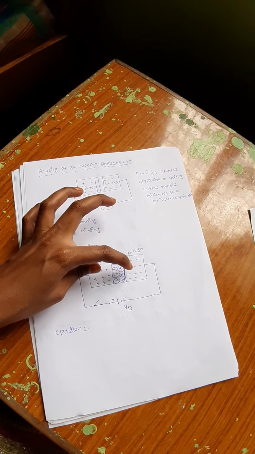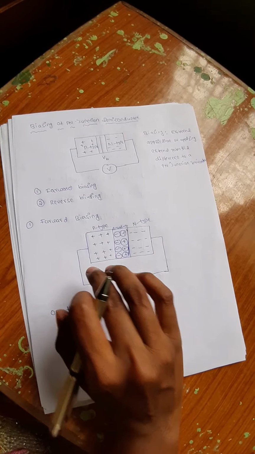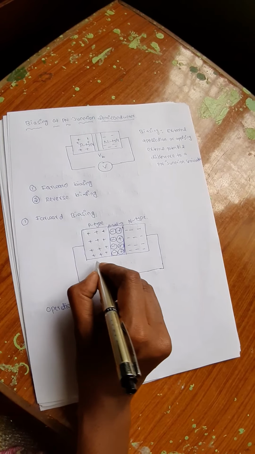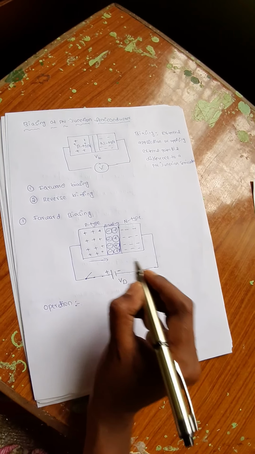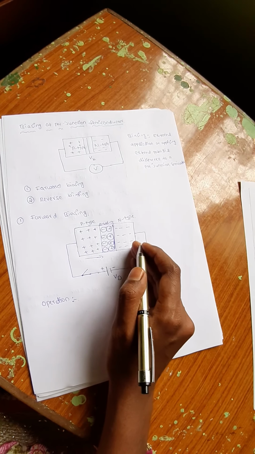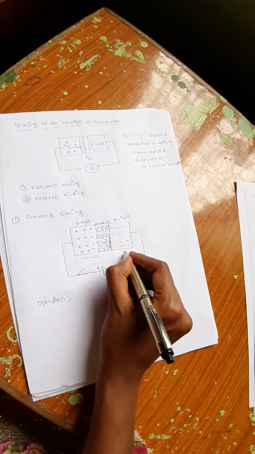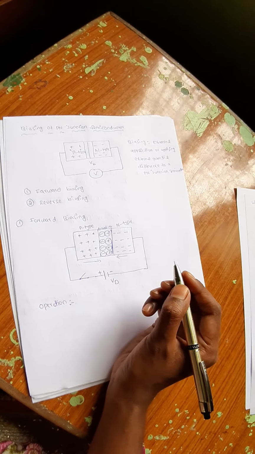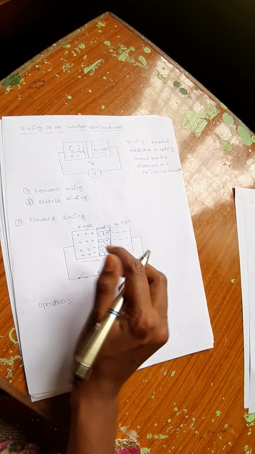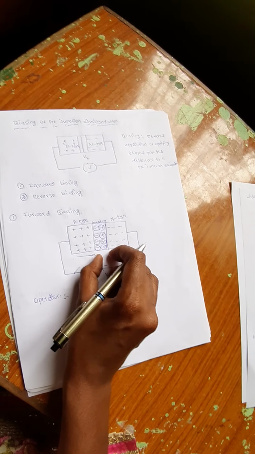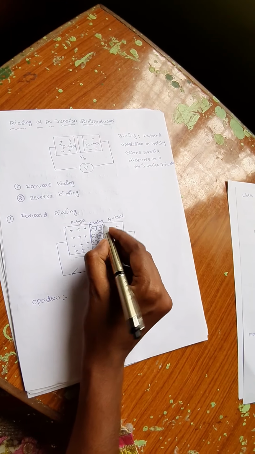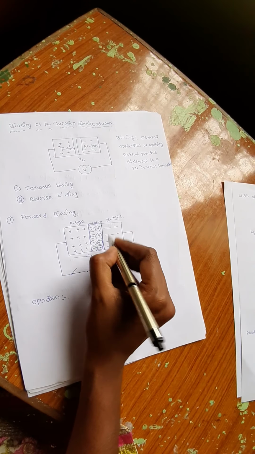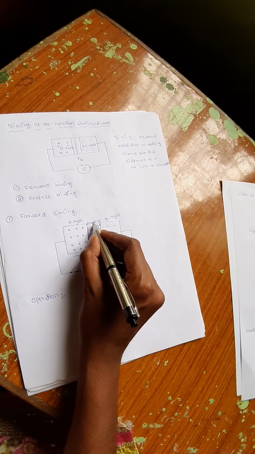Due to this, there is a shrinkage of the depletion region. Pressure means there is a repulsion taking place, so the holes move to this side, and the electrons also move to this side. Due to this, the depletion region shrinks. Under the no bias condition, the width of the depletion region is WD.